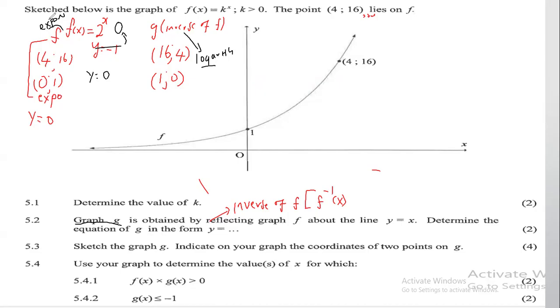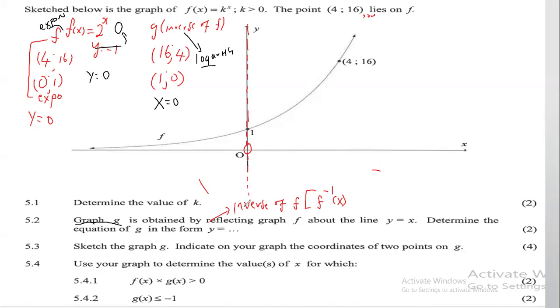So the exponential graph has the y asymptote, which means that the logarithm graph will have the x asymptote, and the x asymptote of this graph that I'm sketching is 0. It means that this asymptote will pass the x-axis at 0. So the line will be like this. So I already know that this graph of g that they want me to sketch will not touch the y-axis.